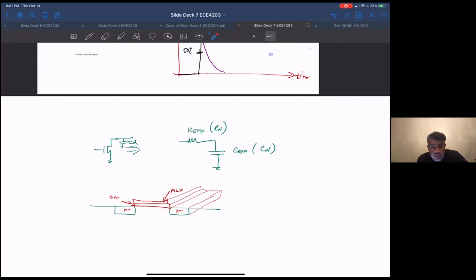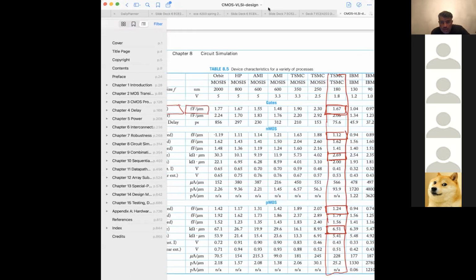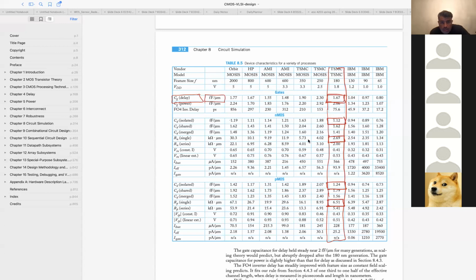Back to my table. Notice that C sub D, or the drain capacitance, is given in femtofarads per micron.